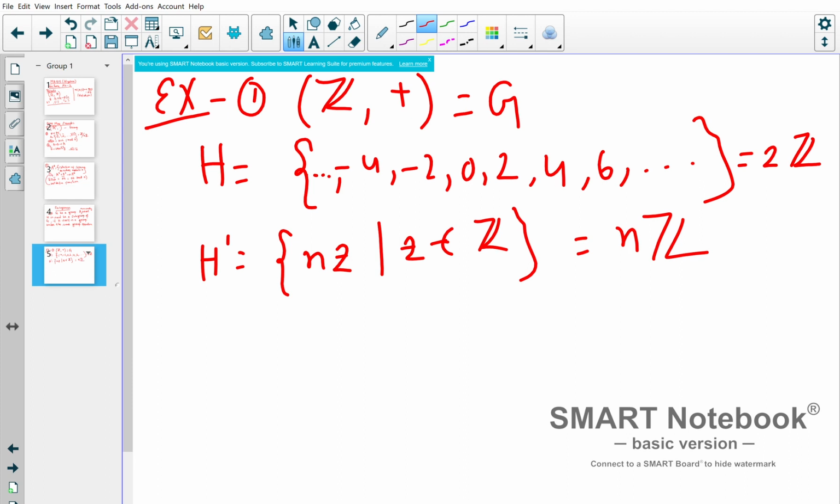Clear. And you can find many subgroups of groups. Given any group, you can easily find some subgroups.